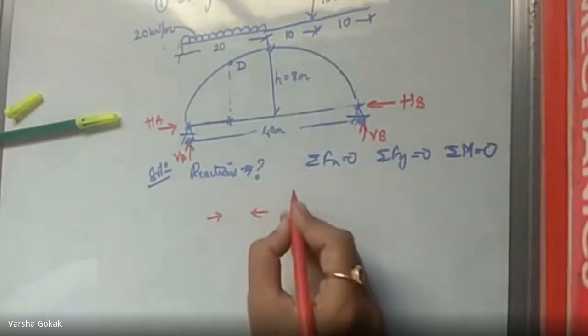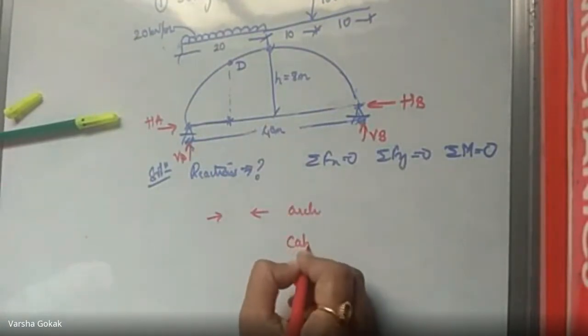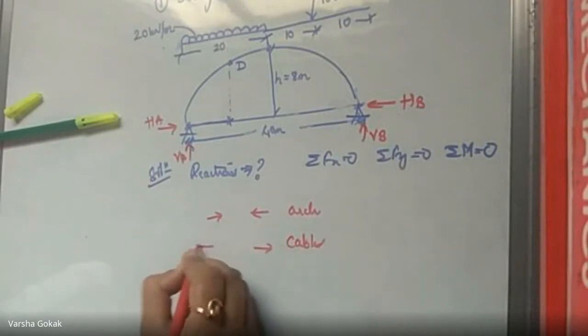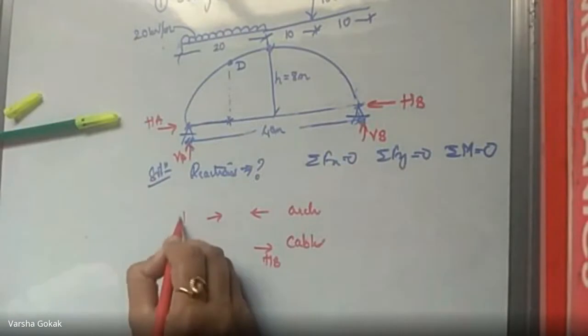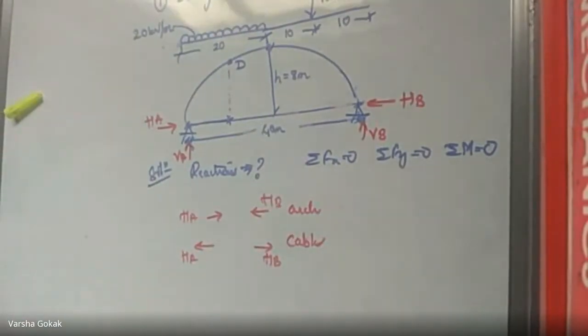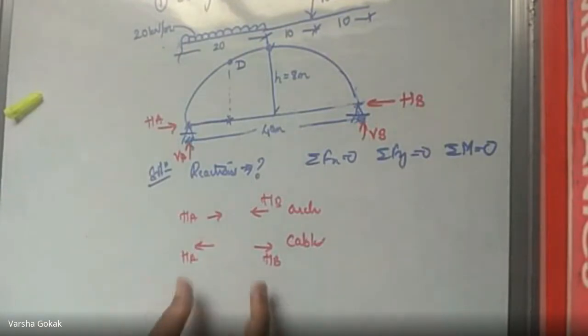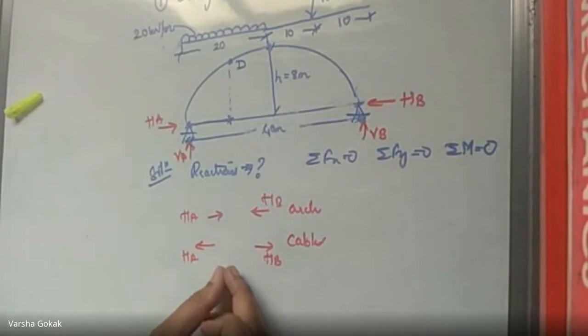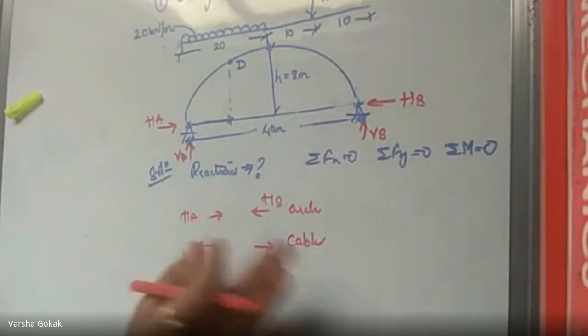But when I was doing the numericals for cables, I showed HA and HB like this. Do you remember? Anybody remembers the difference? This is just an assumption of your choice. But with practice, we assume such that we don't land up with a negative. In cables, we have taken the horizontal forces outwards, whereas in arches, we have taken the horizontal forces as inwards.